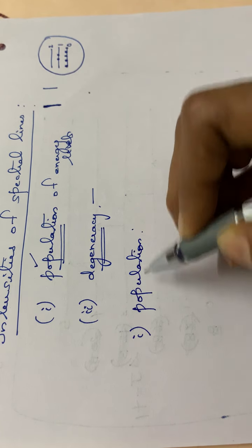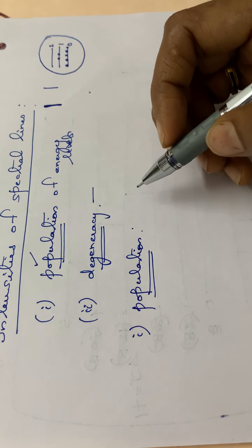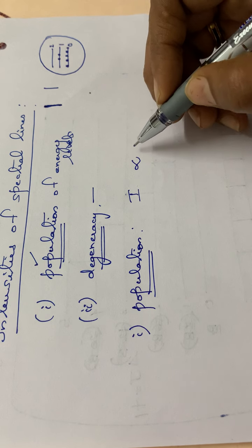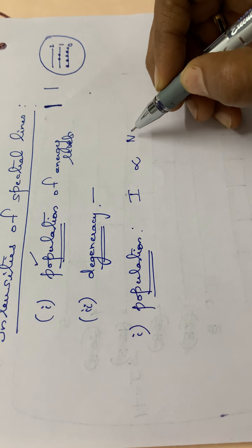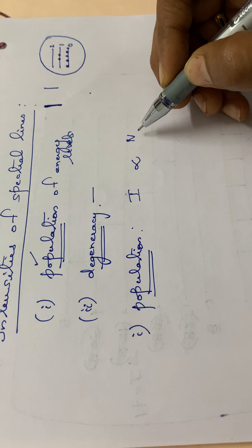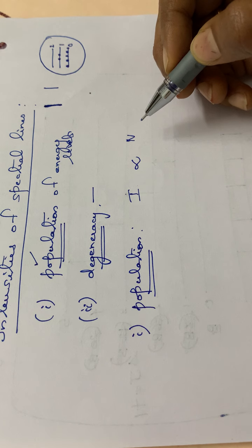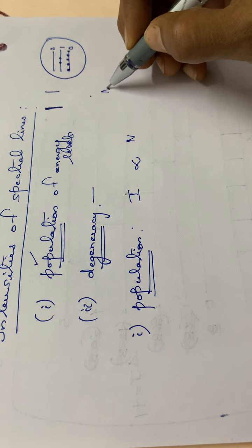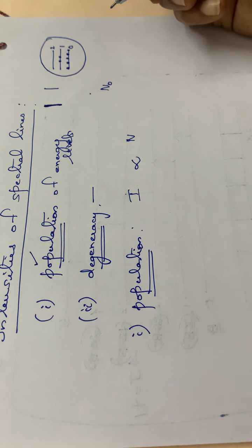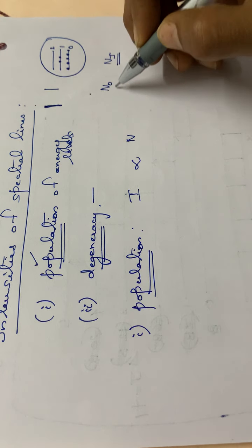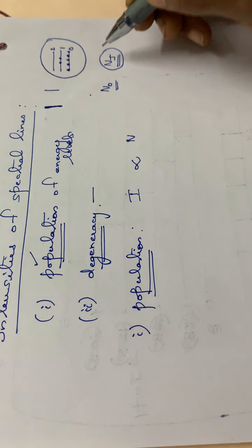The intensity is directly proportional to the population. This population is determined by the number of molecules in the lower energy state and the number of molecules in the higher energy state. Suppose the number of molecules in the lower energy state is denoted by N0, and the number of molecules in the higher energy level is denoted by Nj.